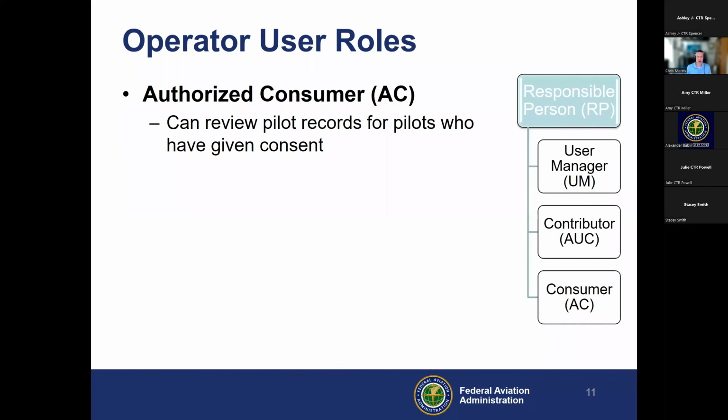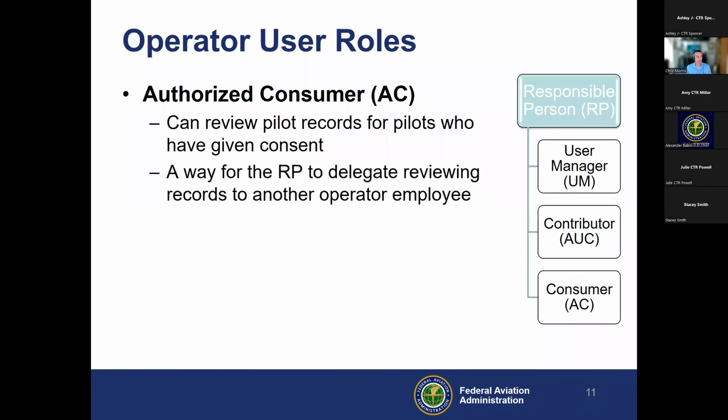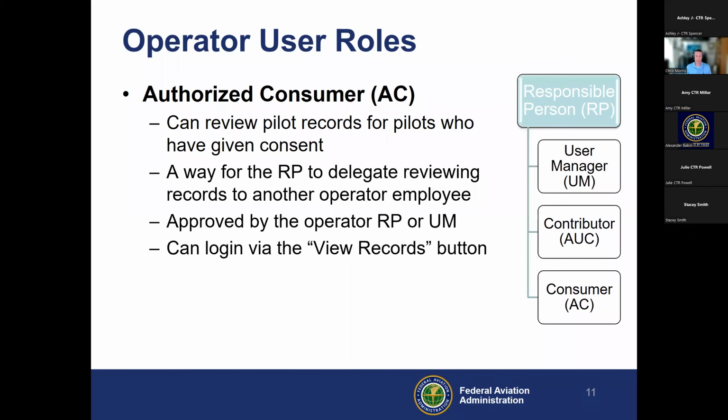I mentioned RPs already had this ability, but if you needed extra employees to be able to look at records, they would need to be consumers. So this is a way for the RP to delegate this function, and it's approved by the responsible person or the user manager. And they would log in via the view records button.